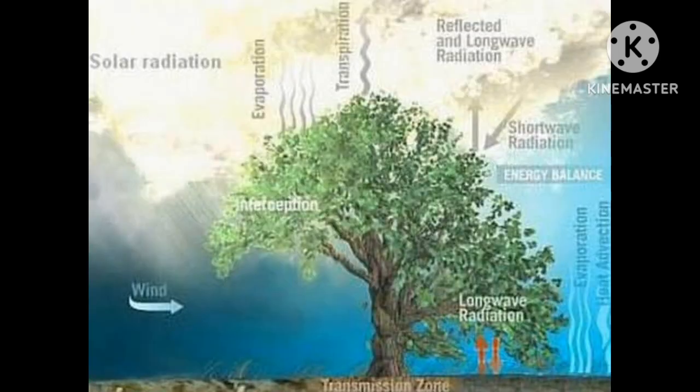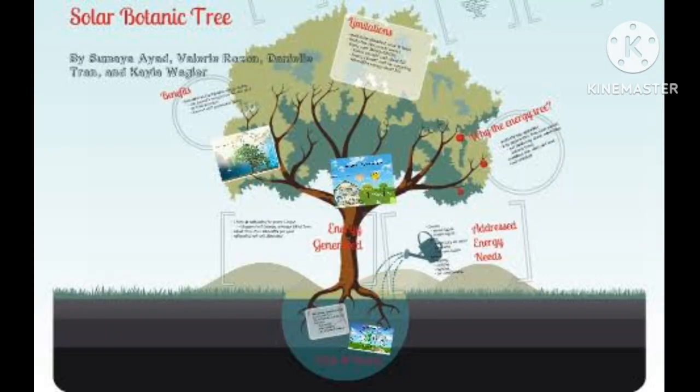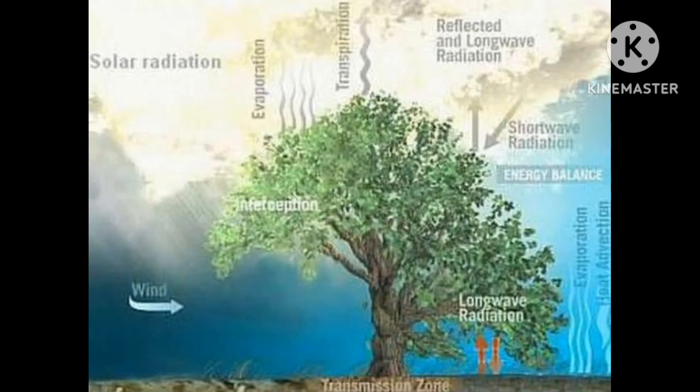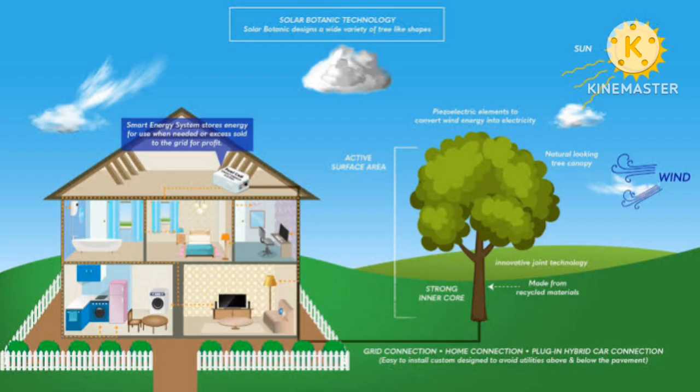Coming to converting wind energy to electrical energy, the working principle is that when the wind is stronger, the leaves move more and cause mechanical strain in the twigs and branches.